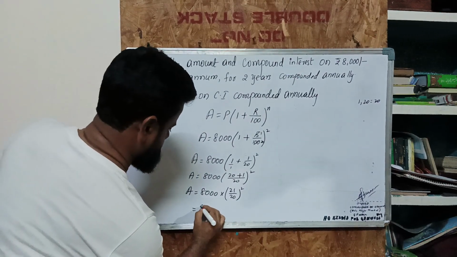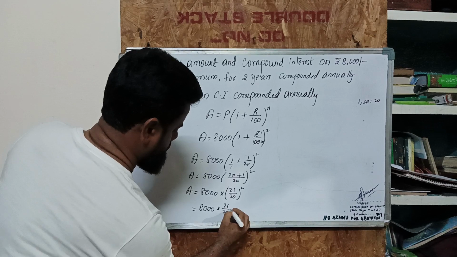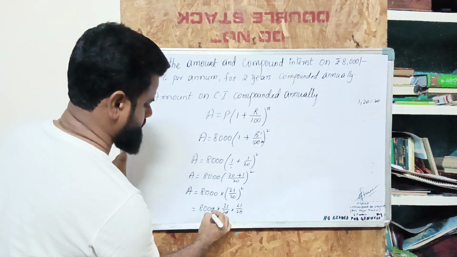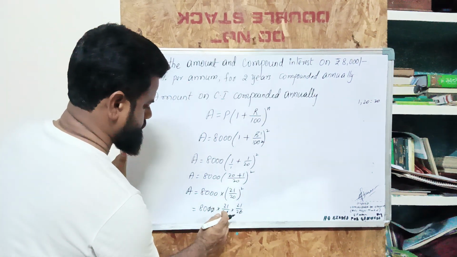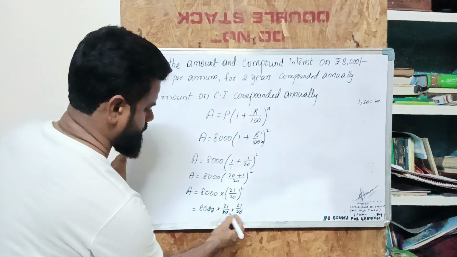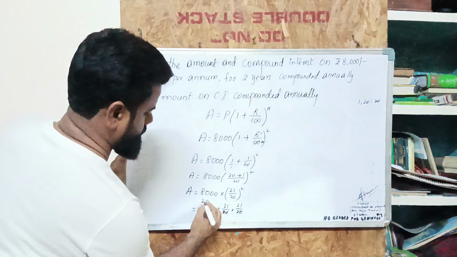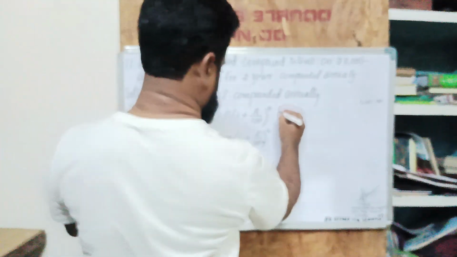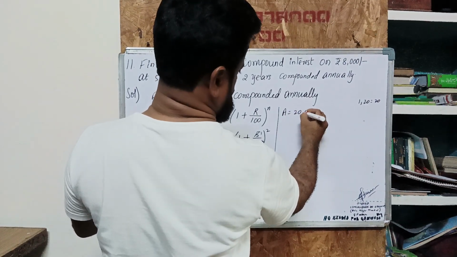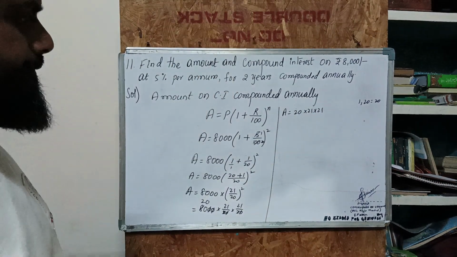So now that is 8,000 into 21 by 20 into 21 by 20. Cancel these zeros. 2 2s are 4, 4 2s are 8. So we are left with A is equal to 20 into 21 into 21.